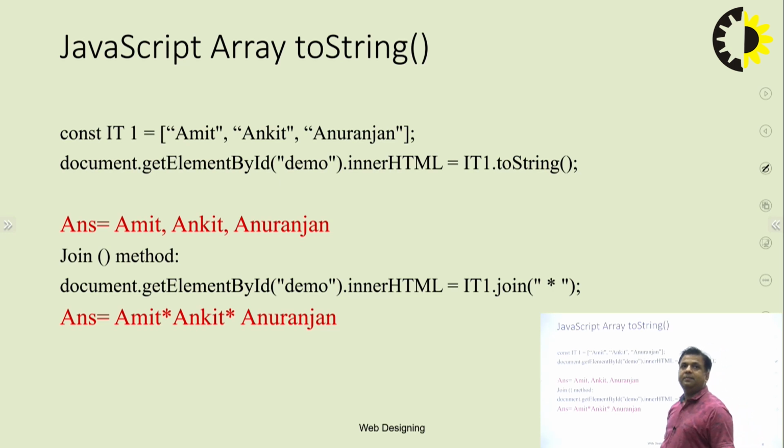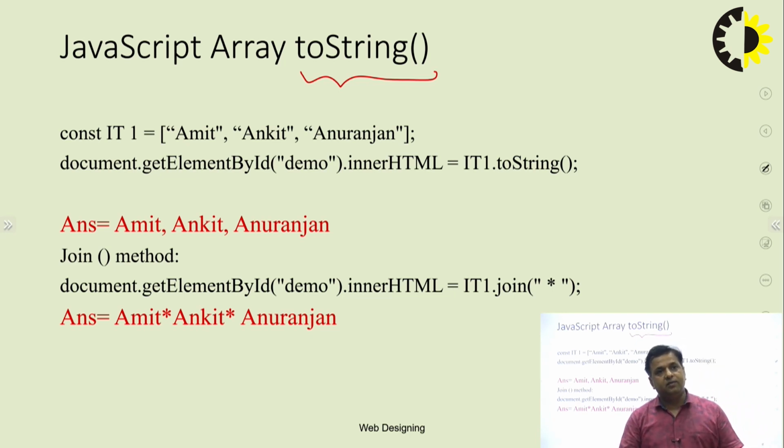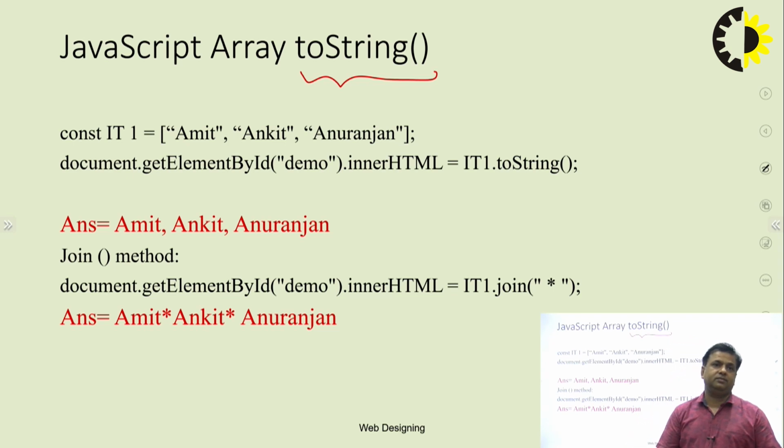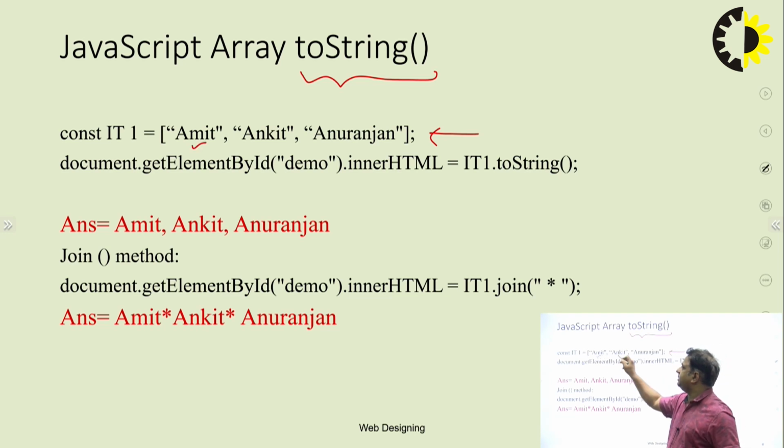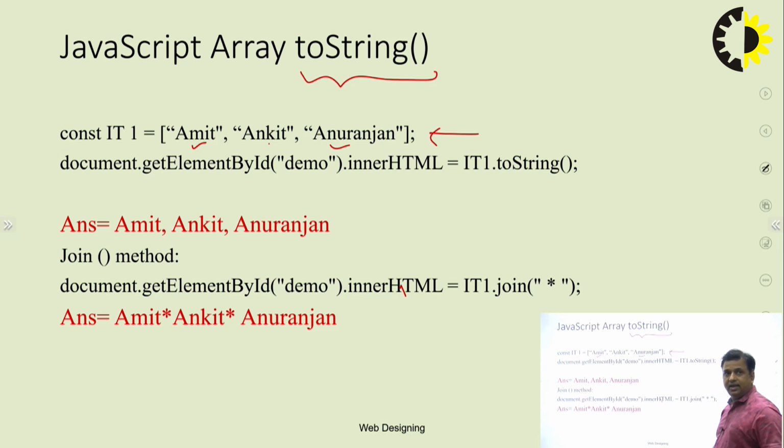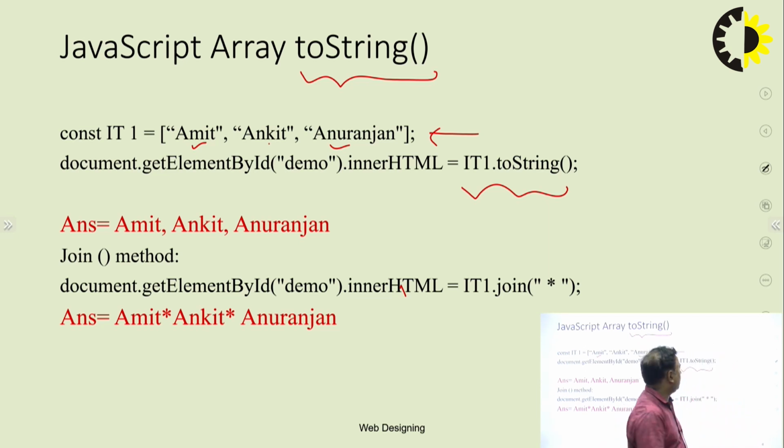Next, JavaScript toString method. Array mein kya hai? That is a toString method. So in JavaScript we can convert an array into a string directly. For example, again we have the same array and I want to make these different elements a string. So I can call this method, it1.toString.